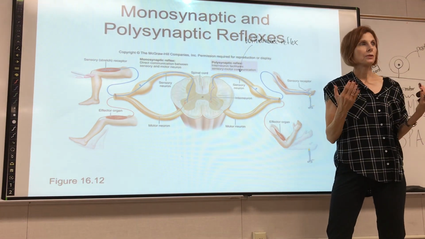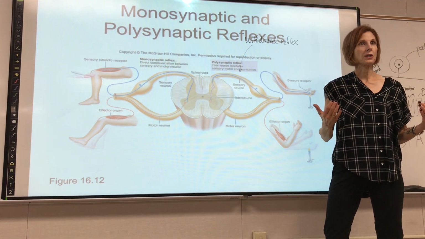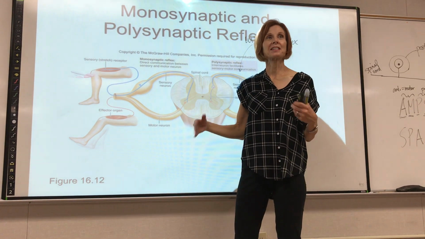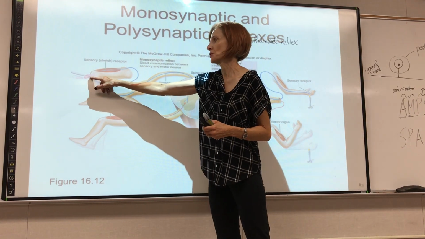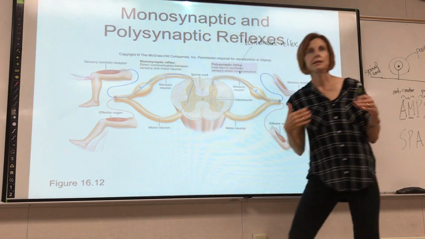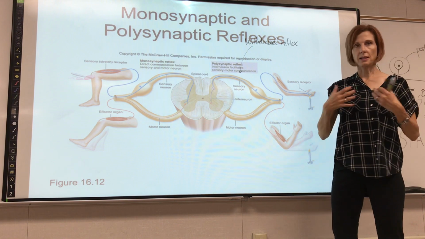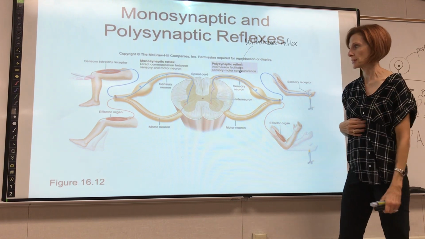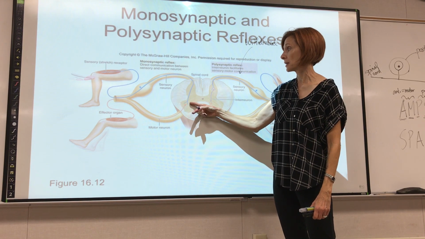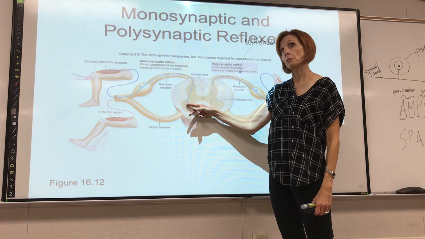Okay, now in real life, we don't constantly have that strong of a contraction. This is kind of an unusual case. This is just to test the reflex. So these reflexes work much more subtly to maintain optimal length in our muscles. Notice though that because we don't have an extra interneuron here, this is going to be a quicker reflex.